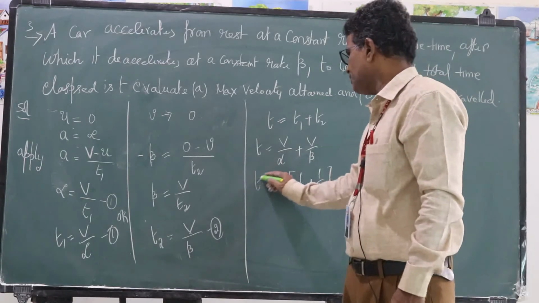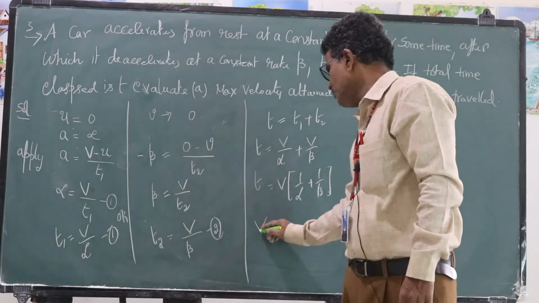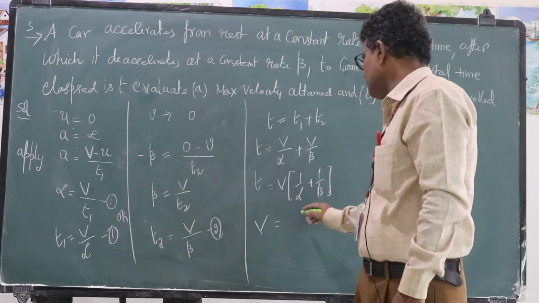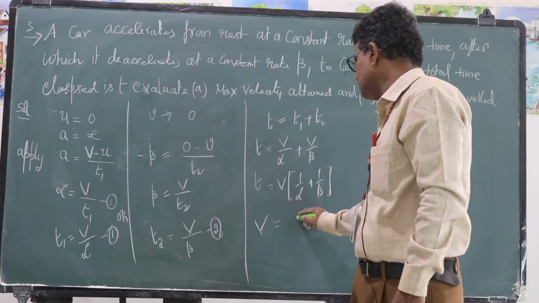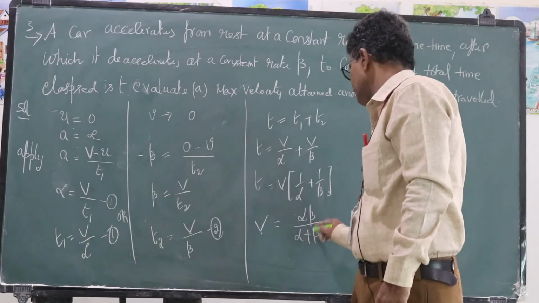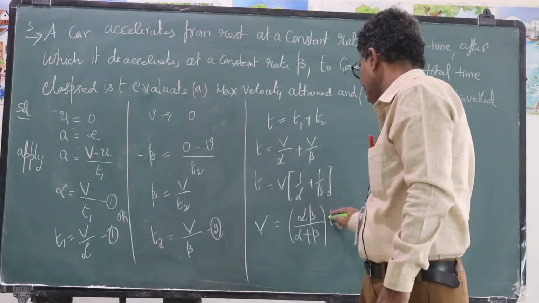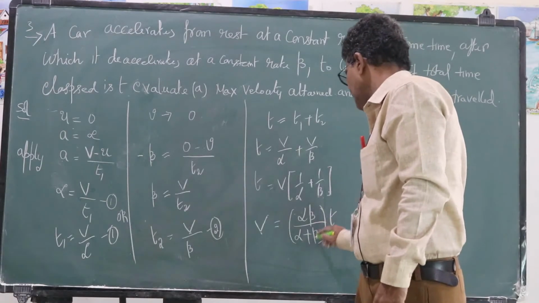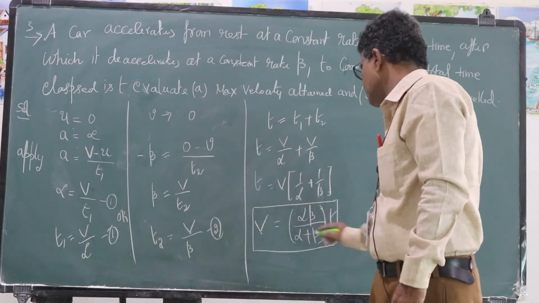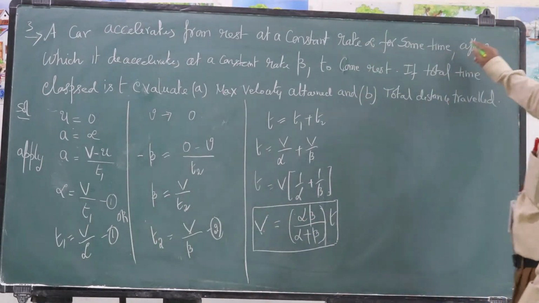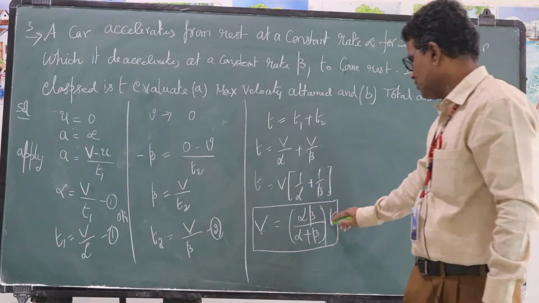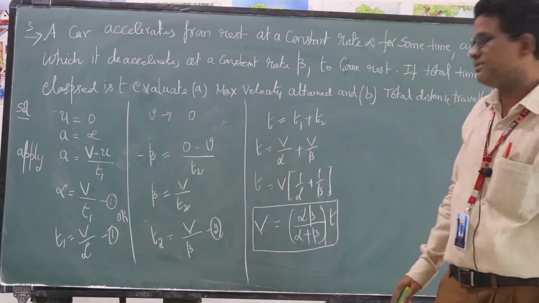That is T. So what is V? We want the maximum speed attained. V is equal to alpha beta by alpha plus beta of T. So this is the required answer. We want the maximum speed in terms of alpha, beta and t, where t is the total time elapsed.